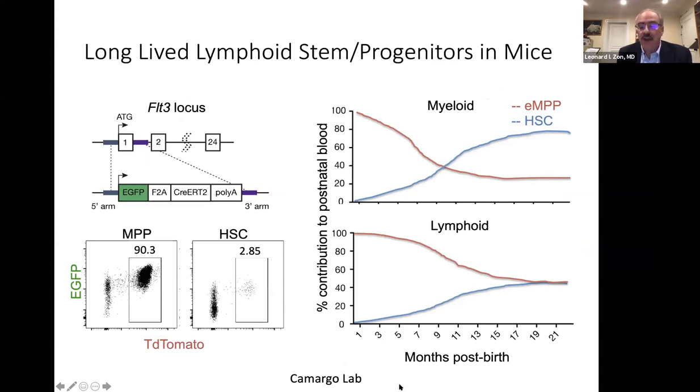And he also finds in months post-birth that there are long-lived lymphoid progenitors as well as myeloid progenitors, very similar to what we see in the fish. And here he's mapped, and you can see some of these cells start decaying, 9 months, even up to a year afterwards. So I think what we're seeing in the fish and what we're seeing in the mouse are very, very similar.